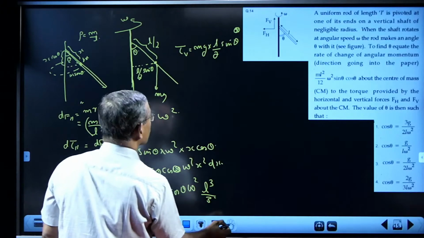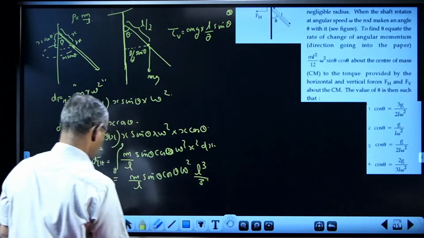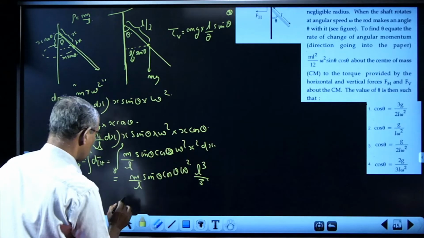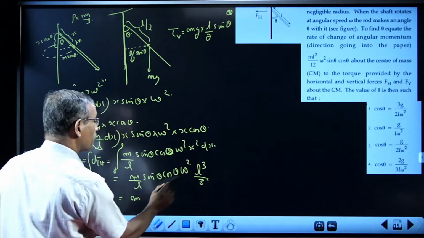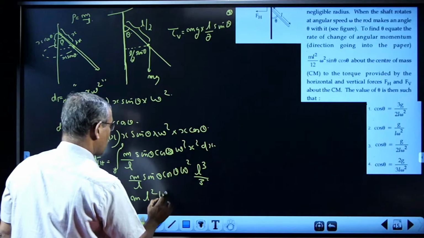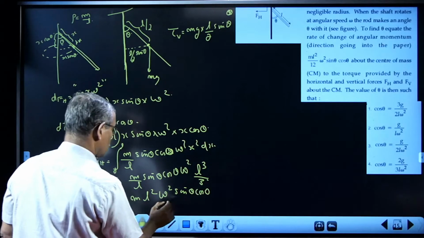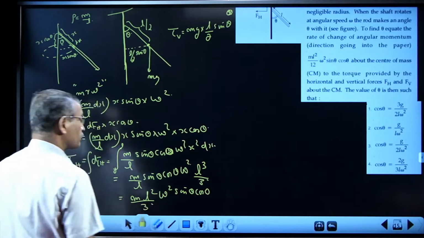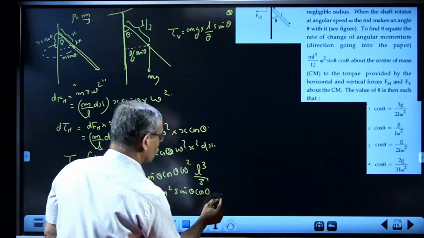That is equal to m L squared omega squared sin theta cos theta by 3. And the direction, here it is inward and this one is outward.